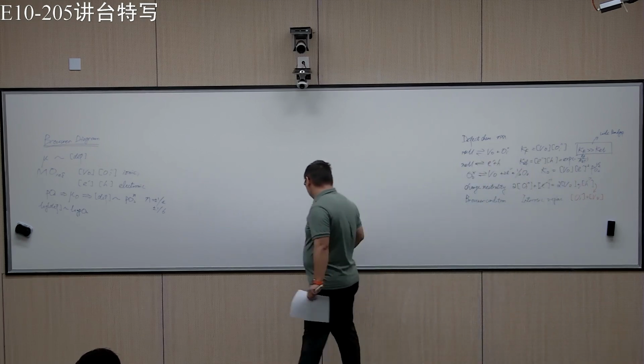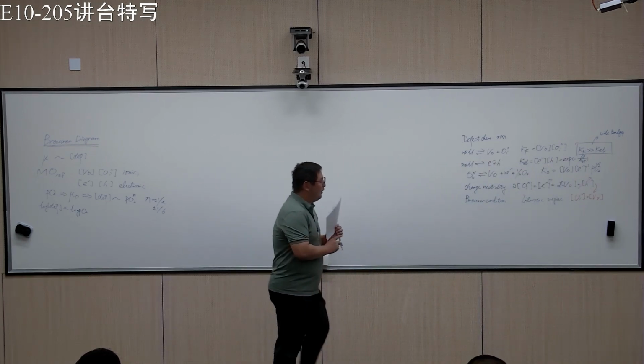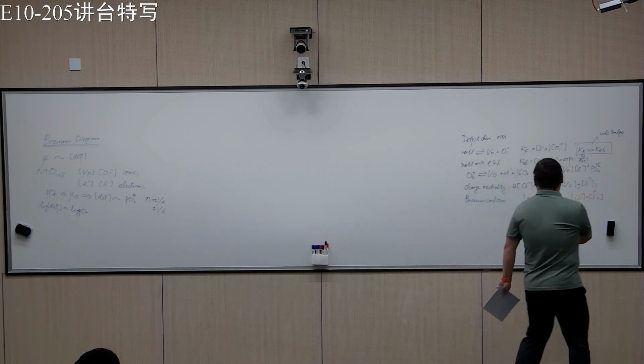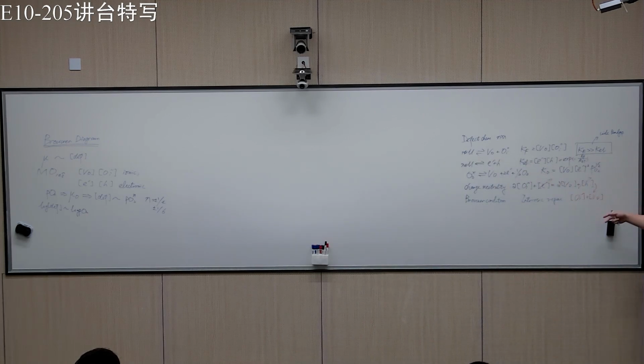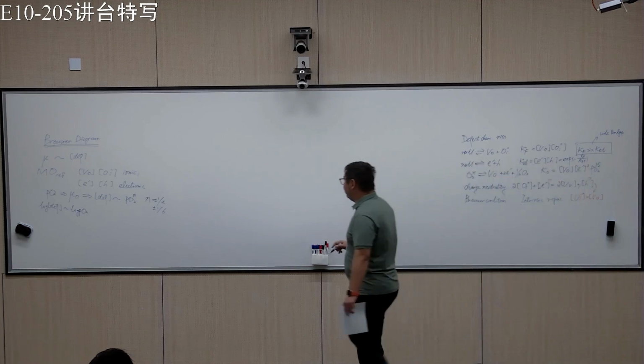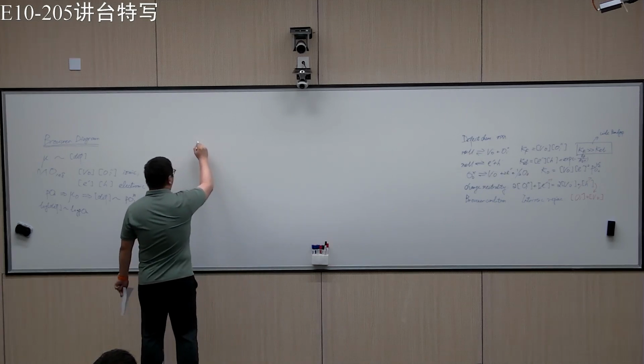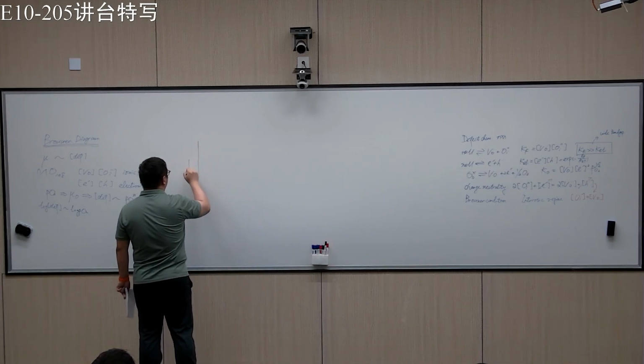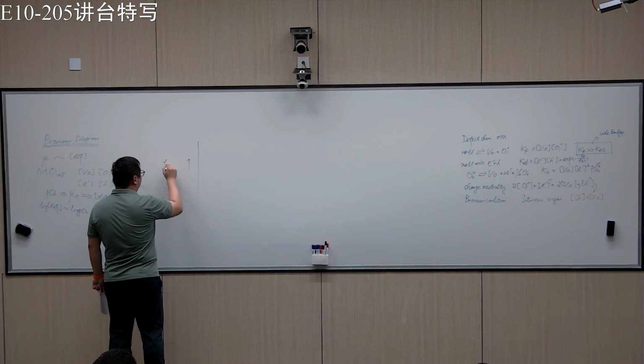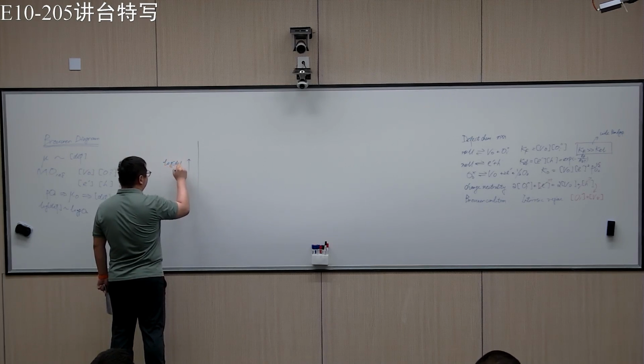So last week we went through all these three regimes: intrinsic, oxygen poor and oxygen rich. So at the end of the day what we have is this plot. Here again, this is log defect concentration.